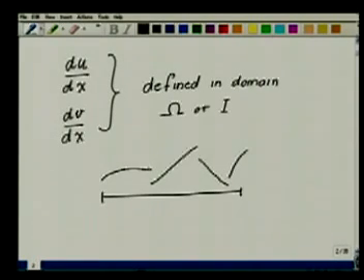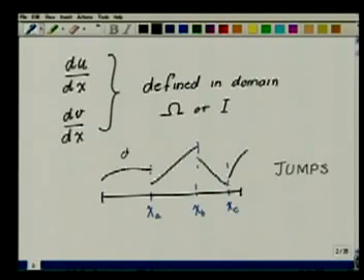That is, at particular points, I'll call them point xa, point xb, point xc, the derivatives can have jumps. I am writing it as du dx, dv dx.